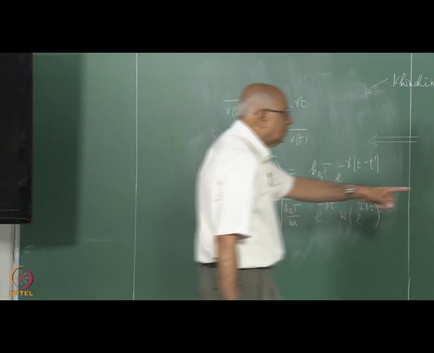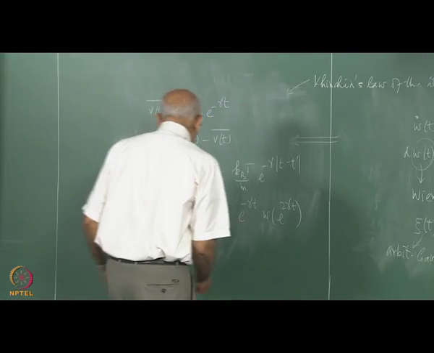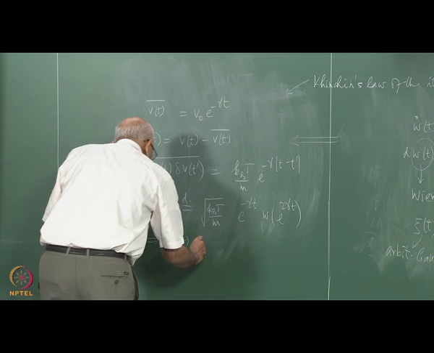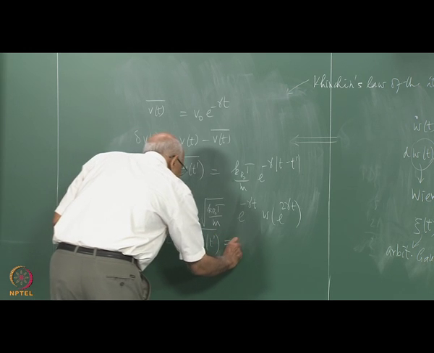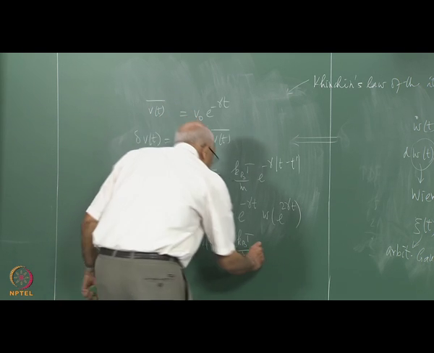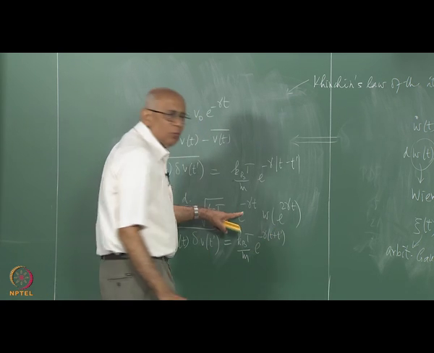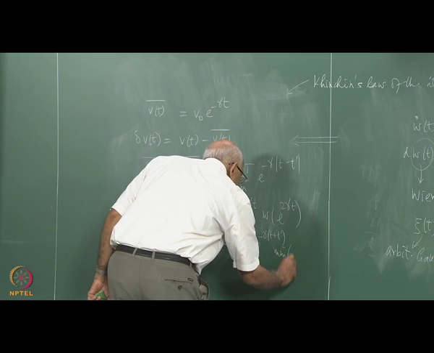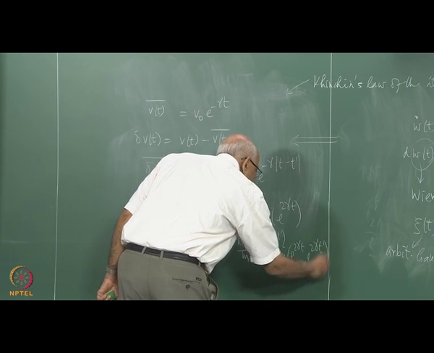Then we apply this rule. So it immediately follows that delta v of t, delta v of t prime average is k Boltzmann t over m e to the minus gamma into t plus t prime, these two factors, and then the smaller of e to the 2 gamma t, e to the 2 gamma t prime.